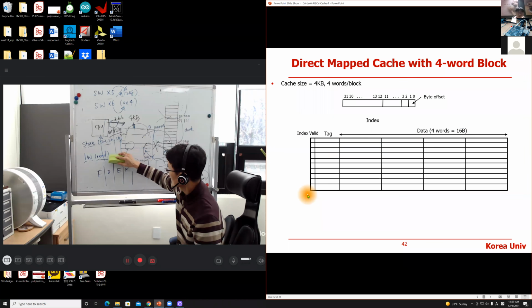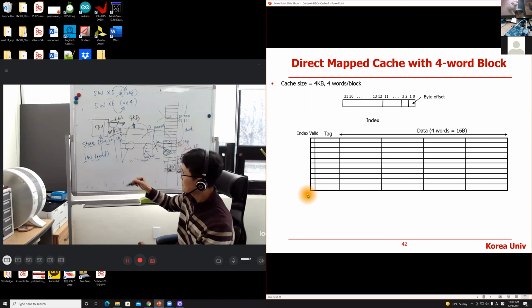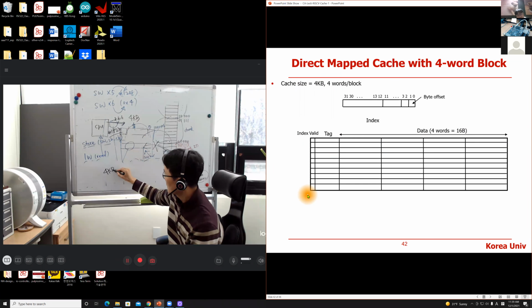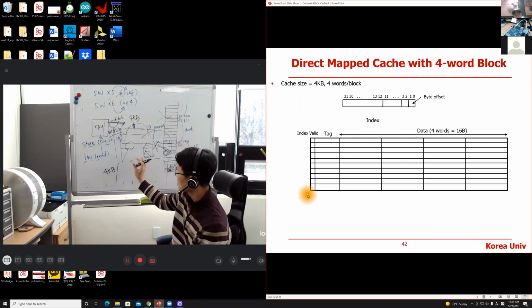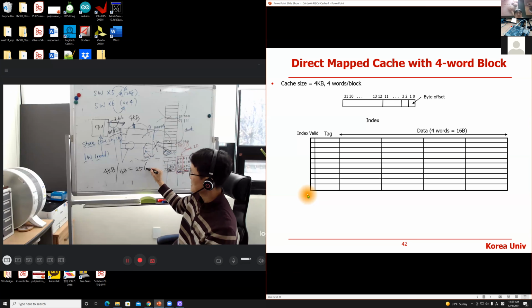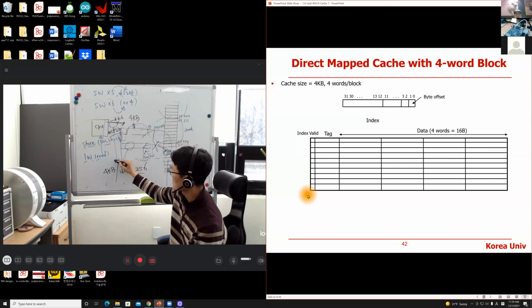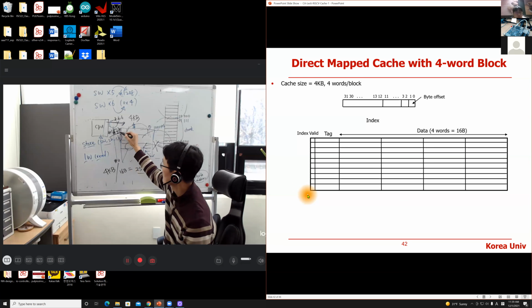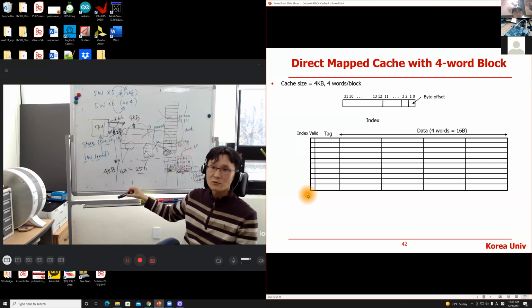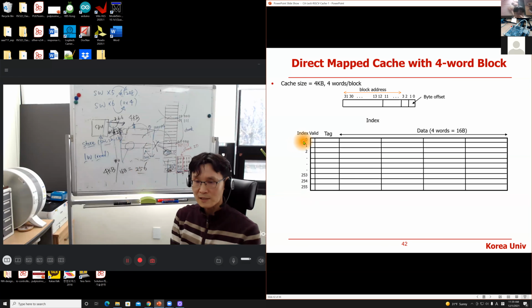Simple: 4K bytes divided by cache line size, 16 bytes, gives 256. Entry number 0 to entry number 255. So you have 256 entries, 0 to 255.